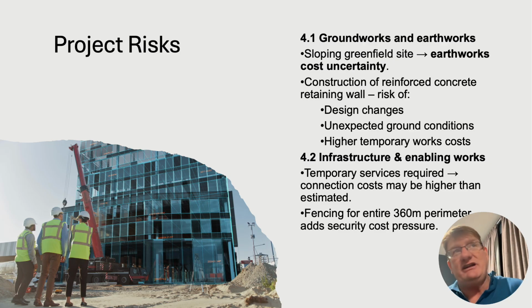That might be just temporary whilst you're working in the ground, and then you don't have to have it once you're working on the superstructure, or it could be permanent because of the nature of the groundwater you've got on site. Okay, obviously infrastructure, temporary roads, temporary services, fencing because you might have security issues.